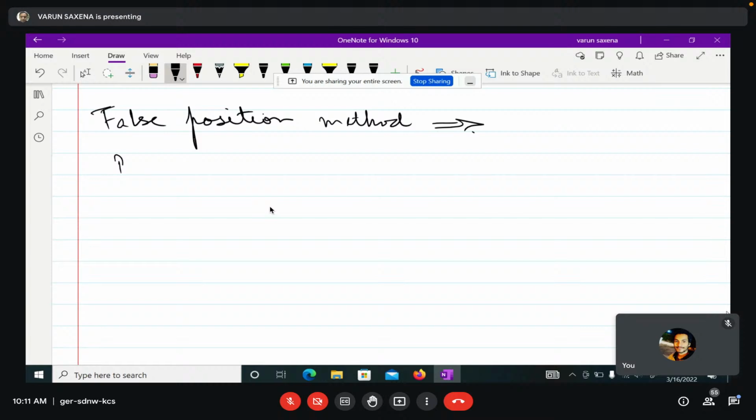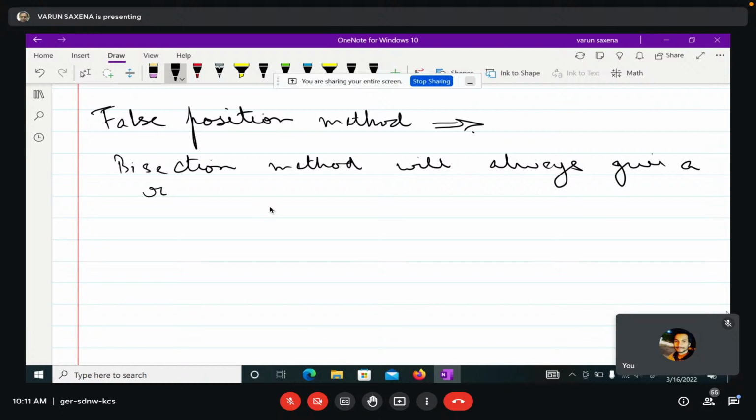So bisection method will always give a root, but it converges slowly.